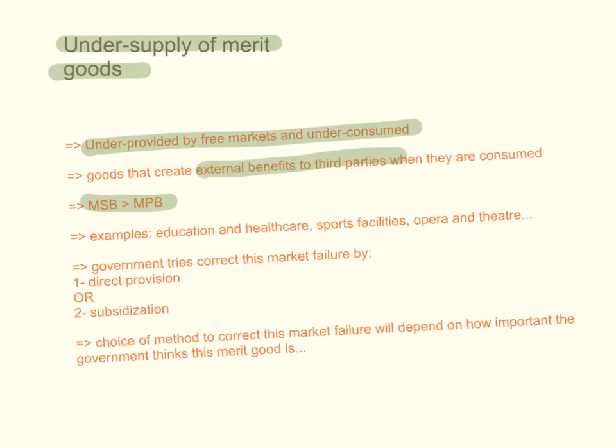So the marginal social benefit is much higher than the marginal private benefit. Very good examples are education and healthcare, sports facilities, opera, theatre, art galleries. The government can try to correct this market failure, the failure of undersupplying merit goods, either through direct provision of those merit goods or subsidization.